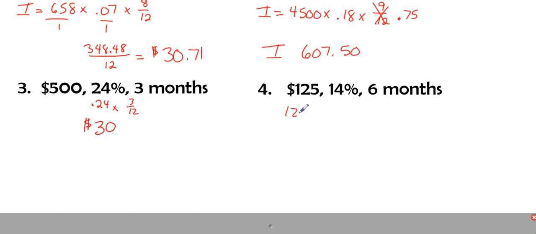This one, 125 times 0.14 times 6 months is just 0.5. So I'm just going to do it 0.5. So 125. That would equal 875.